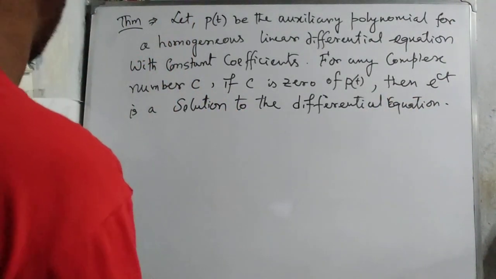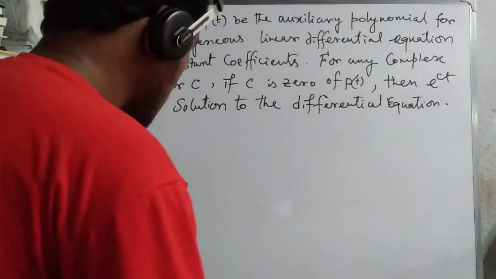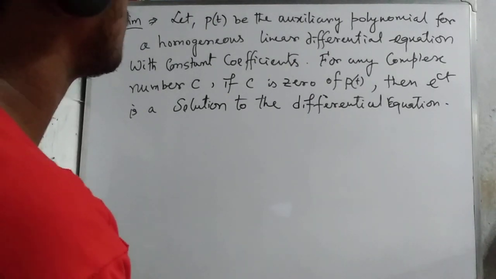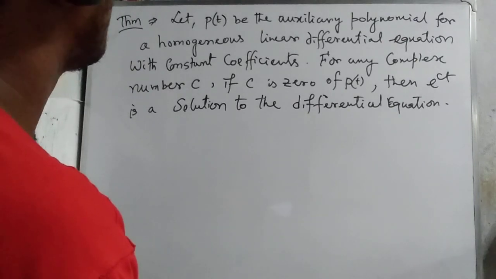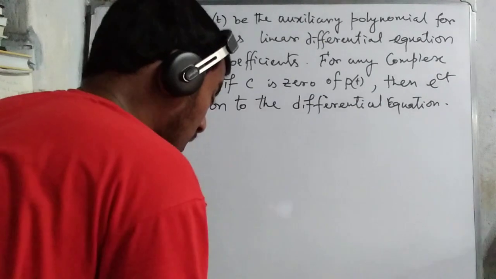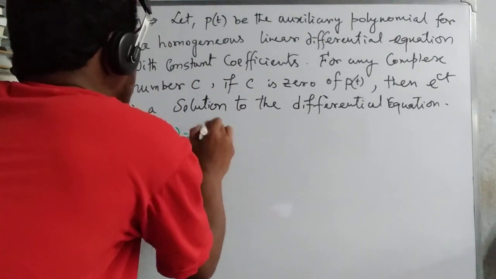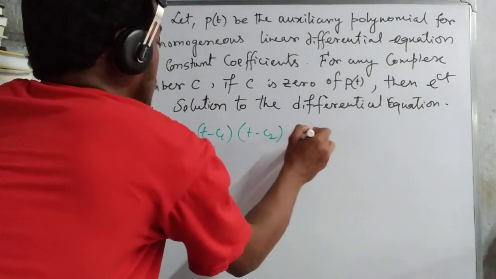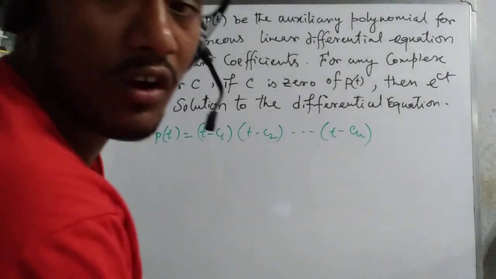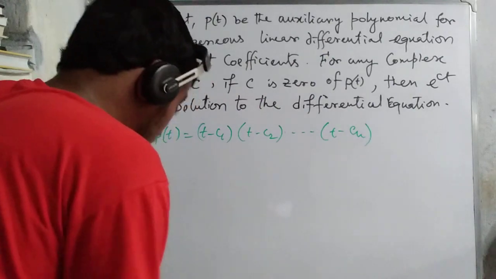Let p(t) be the auxiliary polynomial for a homogeneous linear differential equation, and obviously for any complex number c that is a zero of p(t), then e to the power ct is a solution of the differential equation. For p(t), that means p(t) equals (t minus c1)(t minus c2) dot dot dot (t minus cn). They are not necessarily all distinct.